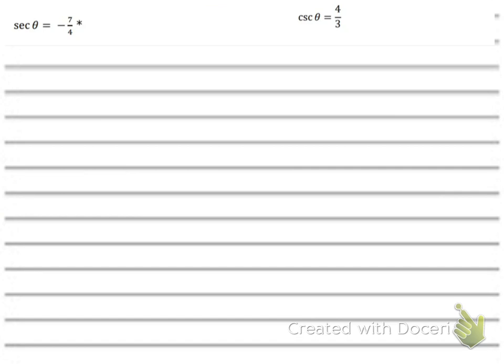All right, so on this one, I'm doing secant theta is -7/4. So let's talk about that for a second. Secant is negative where cosine is negative, correct? And cosine is negative on the left-hand side, which is quadrant 2 and quadrant 3.